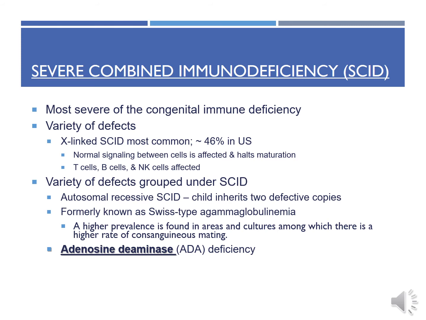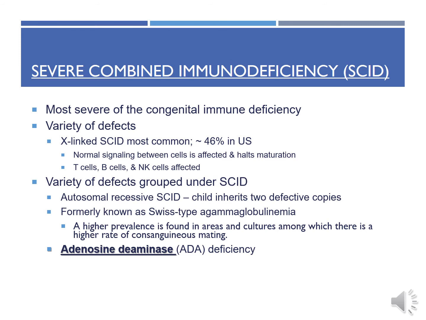It has a variety of different defects. Basically, the most common form is a mutation in the interleukin-2 receptor gene located on the X chromosome, and it makes up 46% of the US cases.